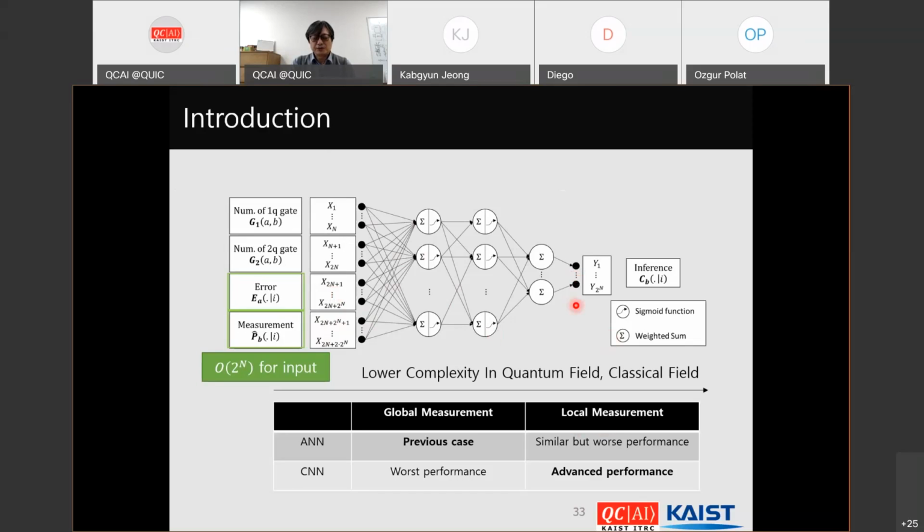The result should also be a local measurement: instead of measuring all the computational basis states, we just measure the values of qubits.